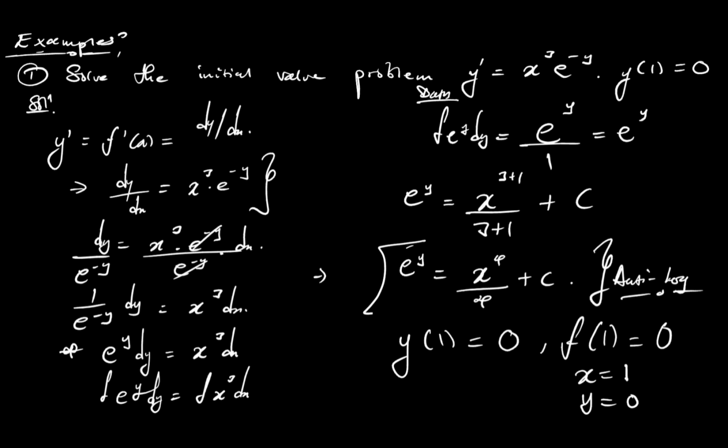Now, let's keep this in mind. What are we having? We're having e to the y being equal to x to the fourth over 4 plus c. We know that y at 1 is equal to 0. So when x is 1, y is equal to 0.